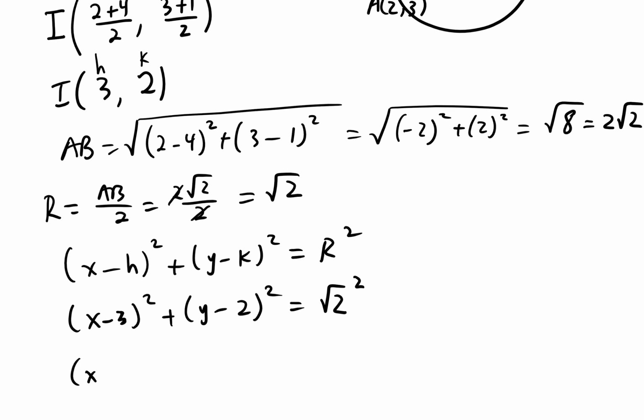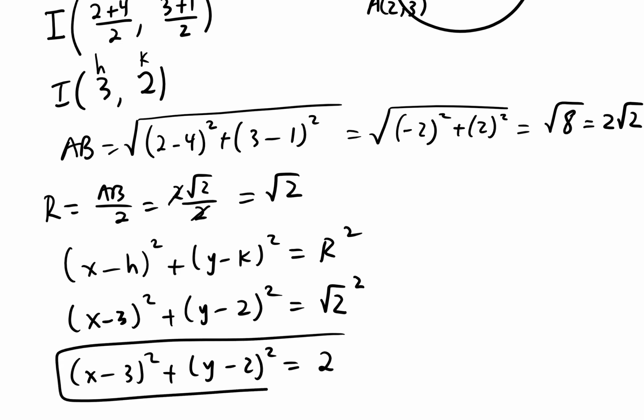You don't have to expand this, but it would be nice to square this, which gives us 2. That's basically the equation of the circle. So we found the center and the radius. How we found the center is the midpoint. How do you find the radius? We find the length of the diameter and divide that by 2.